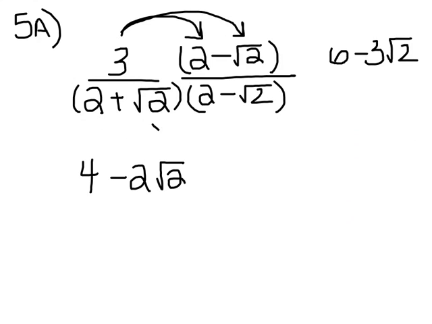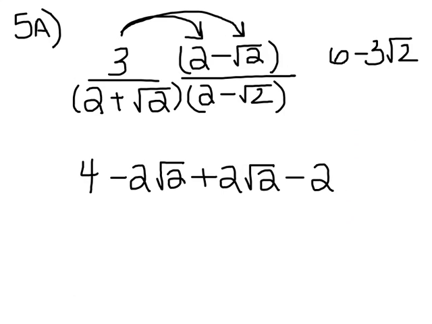Next, we'll multiply radical 2 times 2, which will give us a positive 2 radical 2. Next, we'll multiply radical 2 times negative radical 2, which will give us a negative radical 4. However, the square root of 4 is 2.